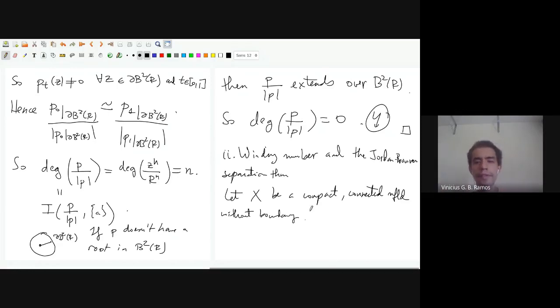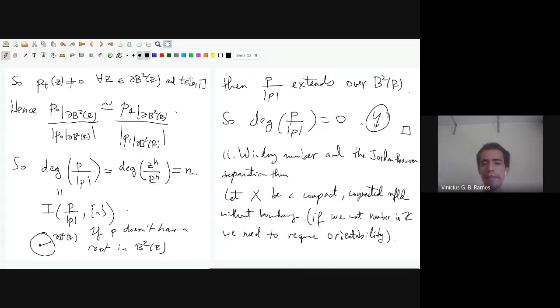So sometimes if you want the numbers in Z, I'm going to do both at the same time. If we want a number in Z, we need to require orientability.